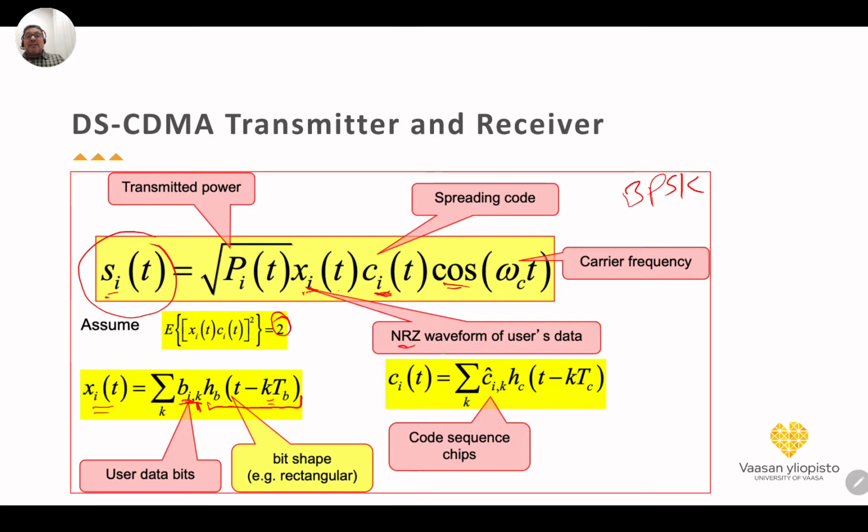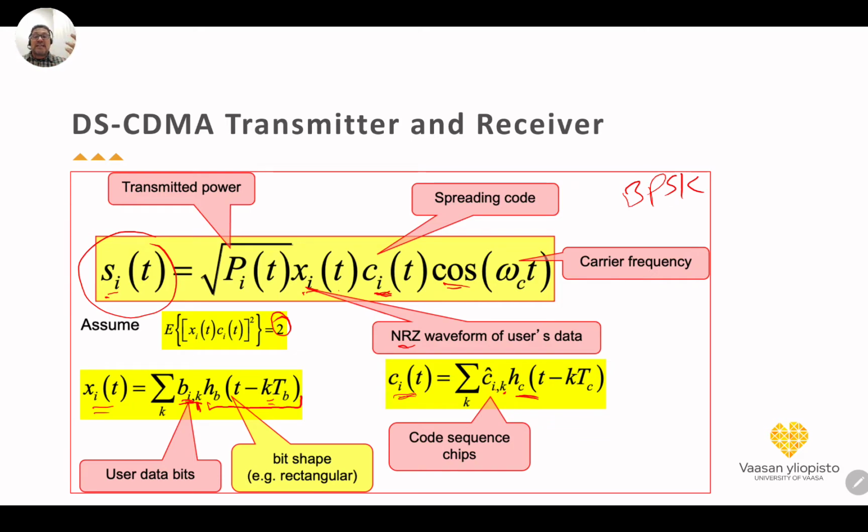And then we have the code of user i, and it is exactly the same actually. Ci of k, where i is for user i and k is the number, the level. It can be 1 or -1 as it is, and hc is the chip shape, the signal shape.